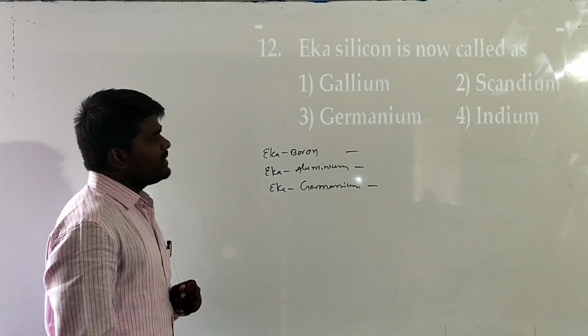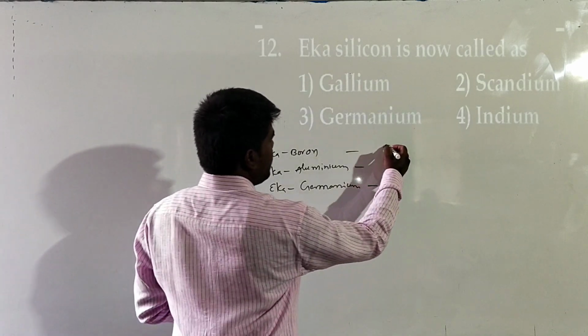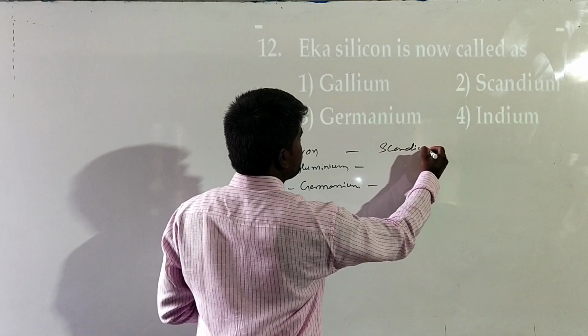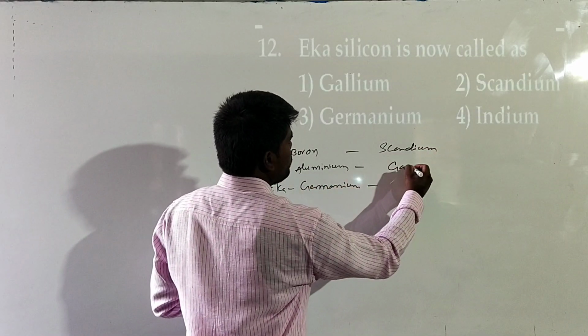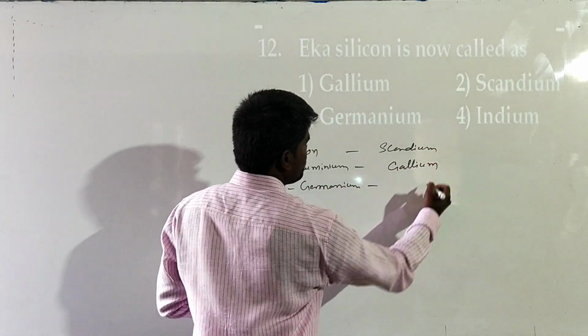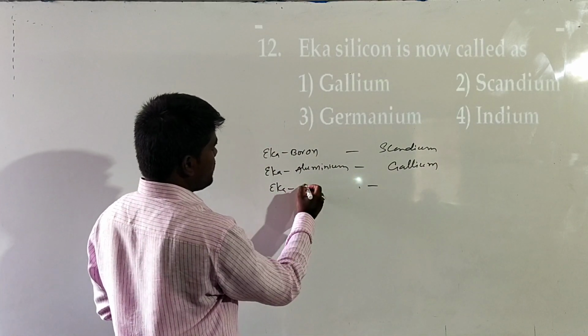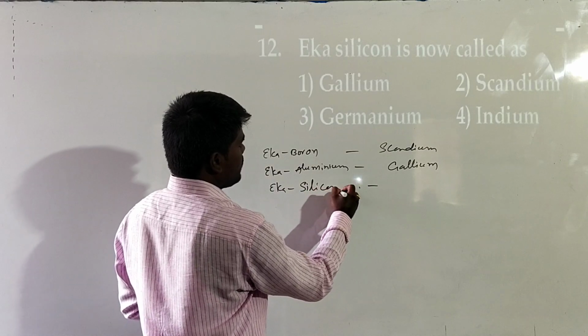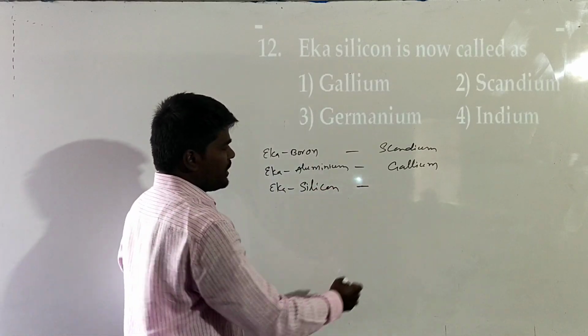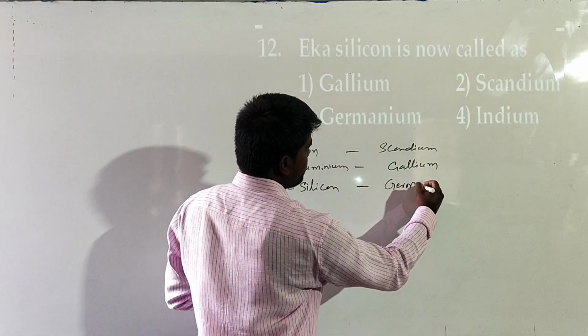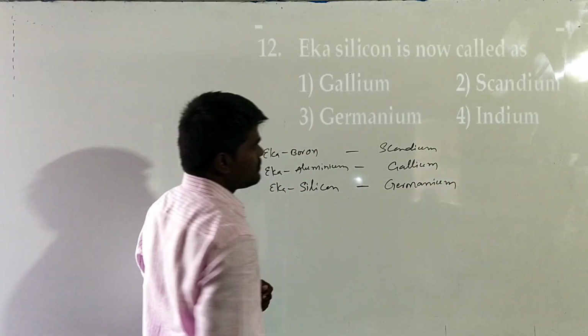Later they were discovered: Eka boron was scandium, Eka aluminium was gallium, and Eka silicon was found to be discovered later as germanium, right?